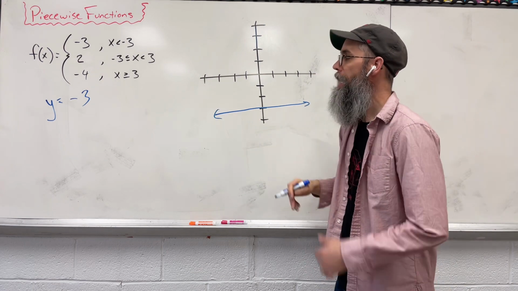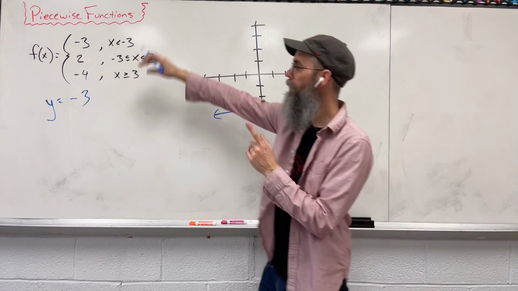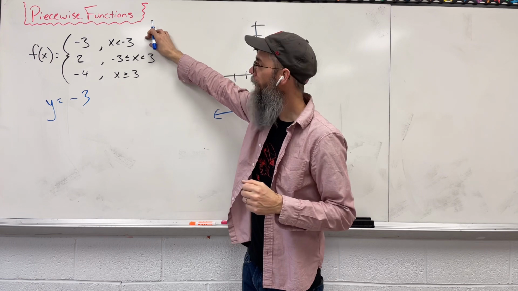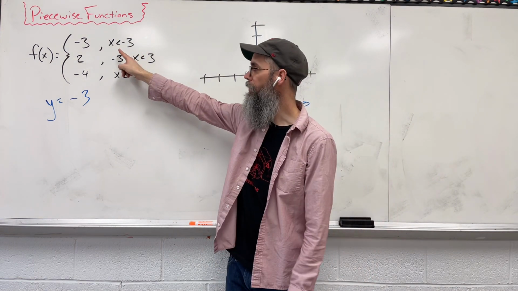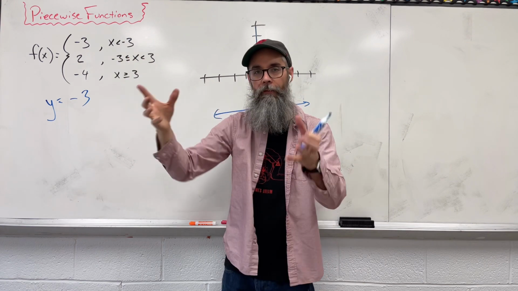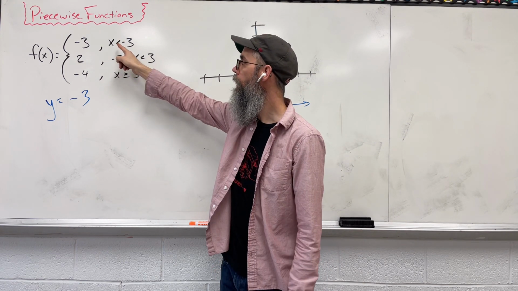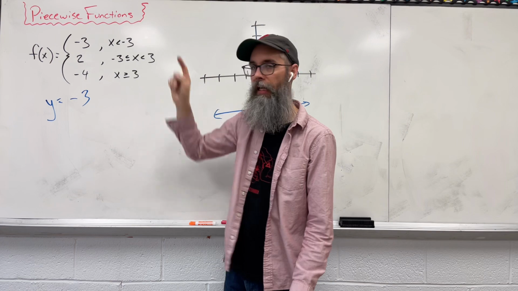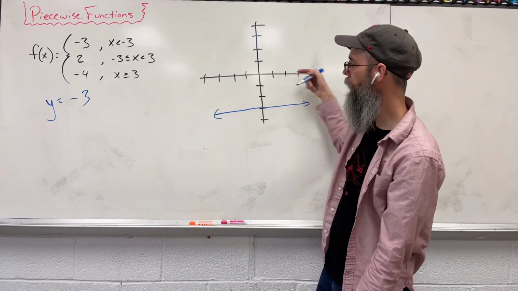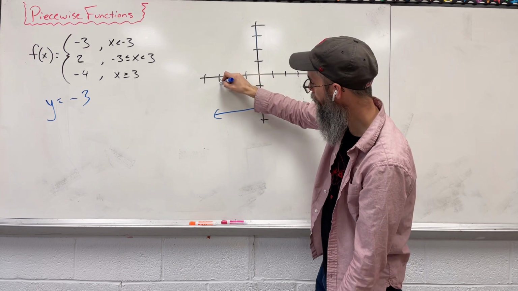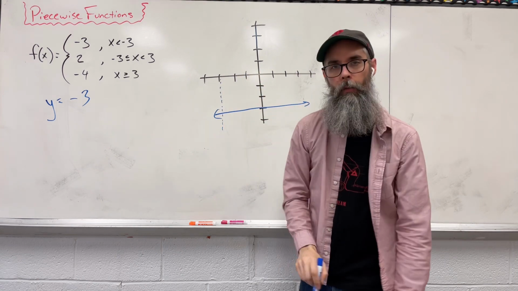Okay? Now, let's visit this comma. This says x less than -3. That means our graph is only available when it's less than -3 on the x-axis. So I've got to find the x-axis, left and right, find -3, and draw a little wall.